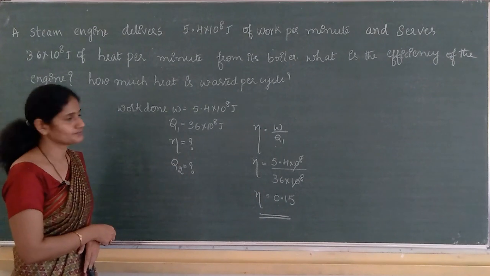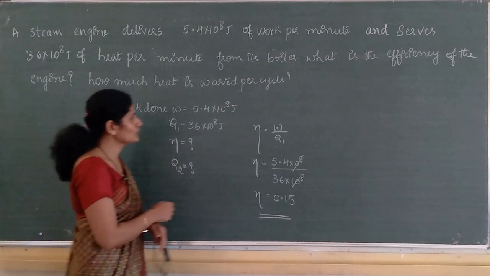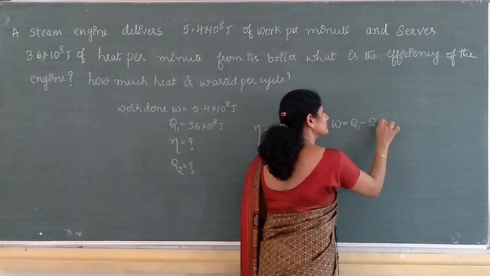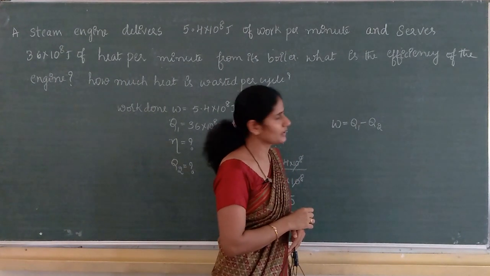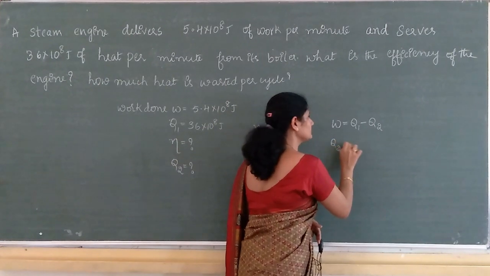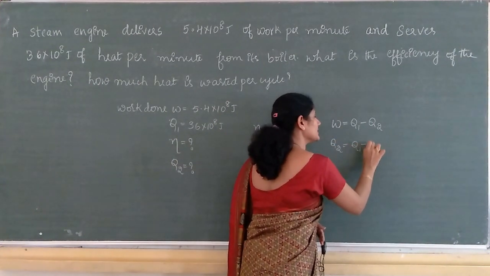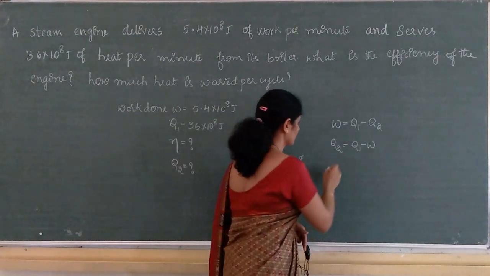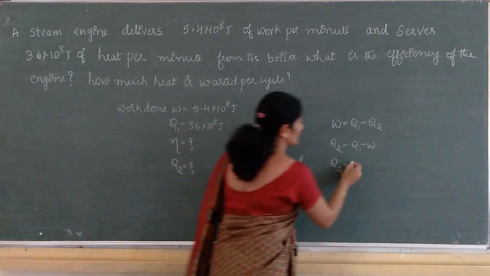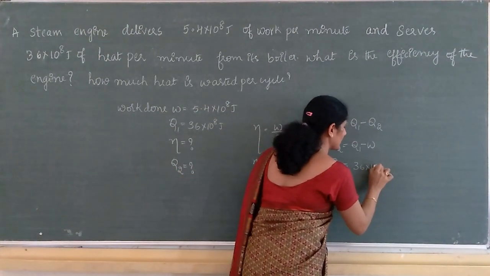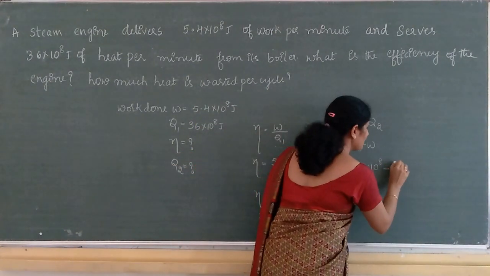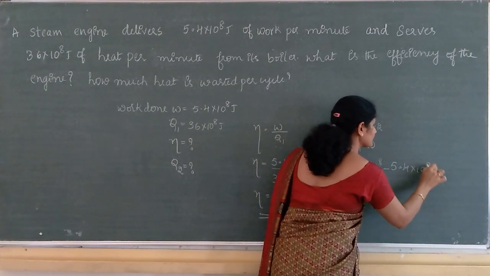How much heat is wasted per cycle? What is the value of Q2? So, we know that W is equal to Q1 minus Q2, right. W is equal to Q1 minus Q2. So, Q2 is equal to Q1 minus W. What is the value of Q1? 36 × 10^8 minus W, 5.4 × 10^8.